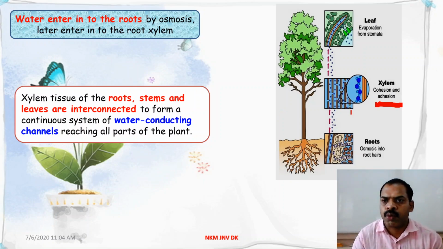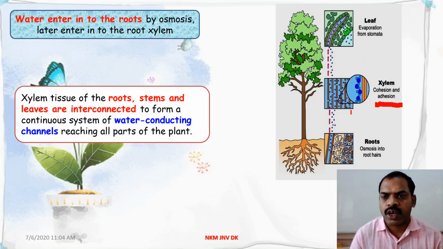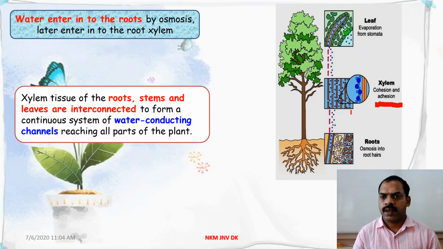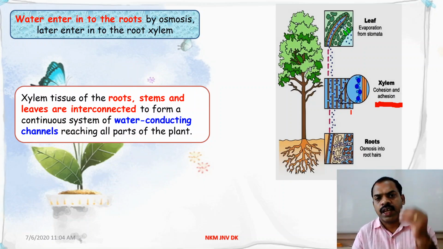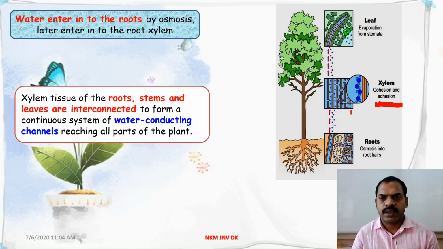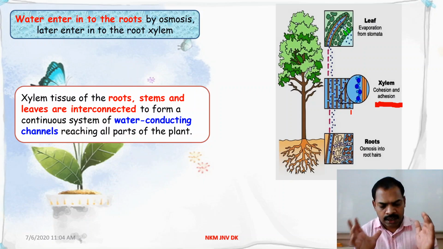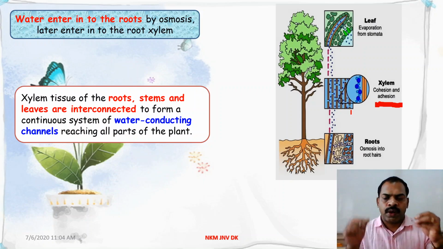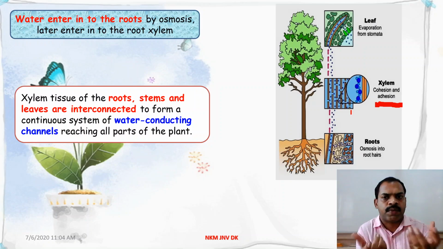Attraction between similar molecules is called cohesion, the cohesive force. How can we see H2O? Let us look at the chemistry. Two hydrogen atoms combine with one oxygen atom. How can we see the water? We can see water because a single water molecule on its own we cannot see.